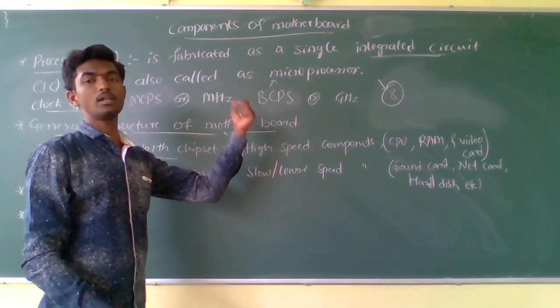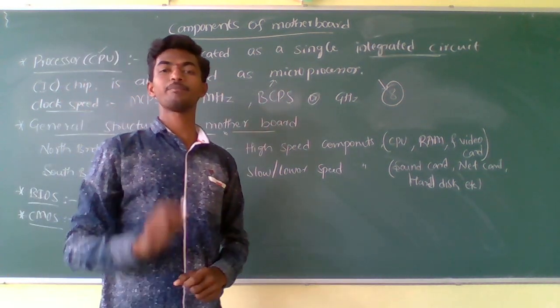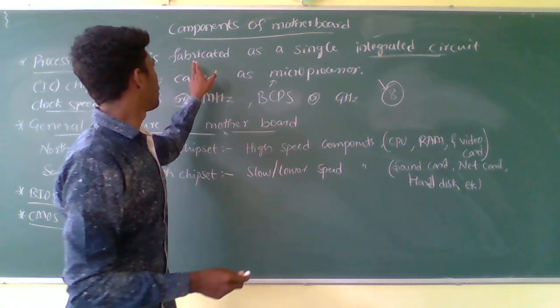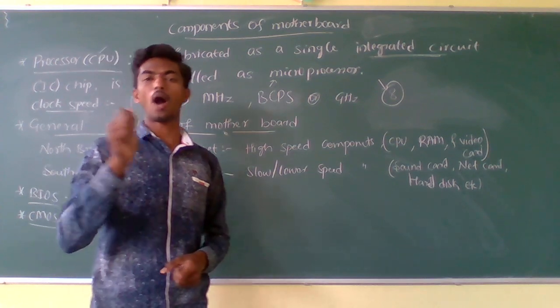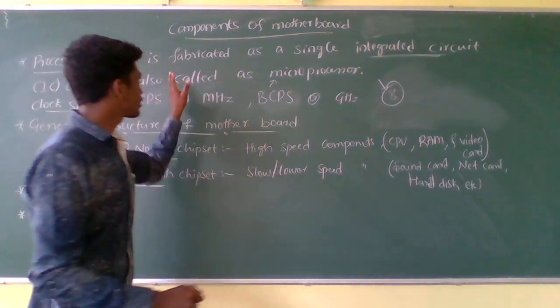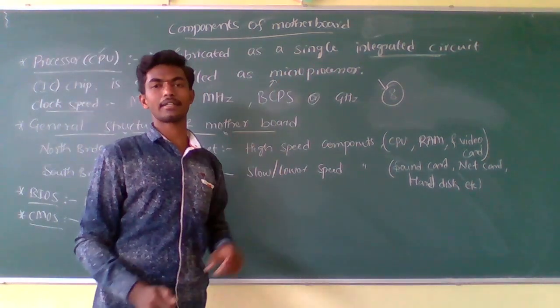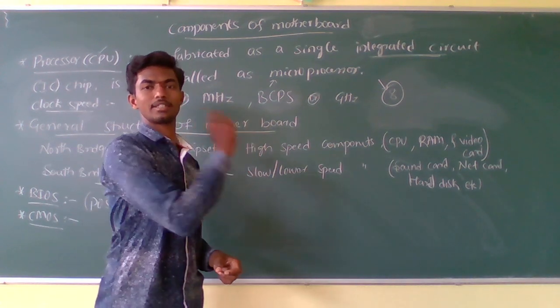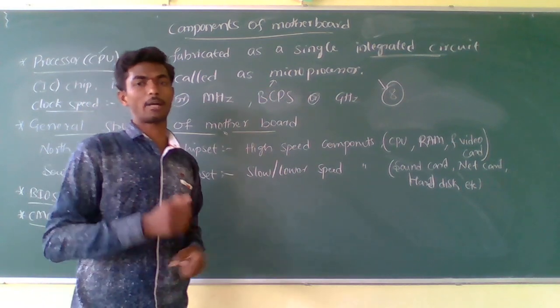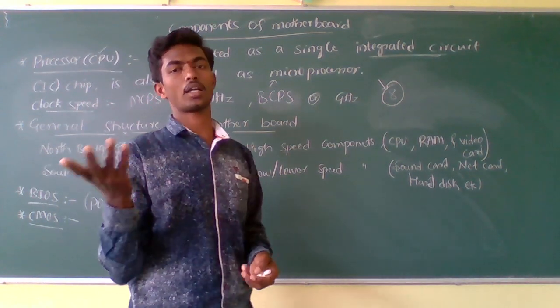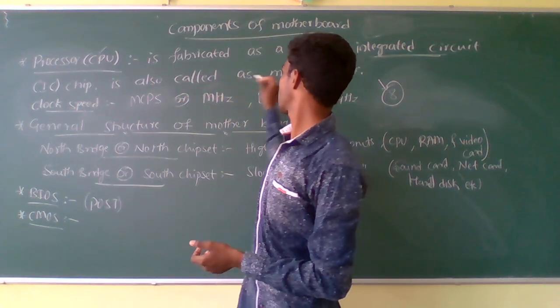See, in this definition you have just a single integrated circuit chip. It defines the physical definition of a processor: how it looks, a fabricated single integrated circuit chip. After this, it is also called a processor, a central processing unit, or a microprocessor.